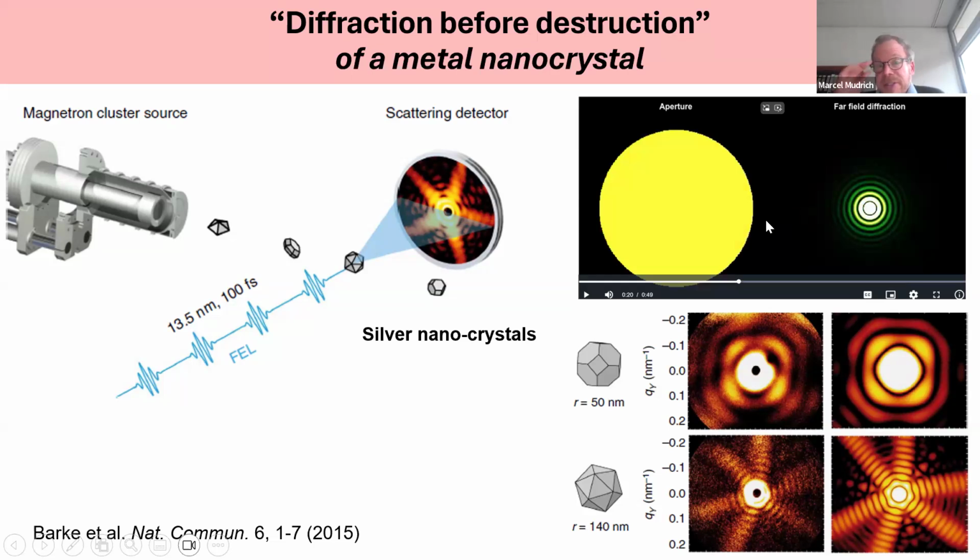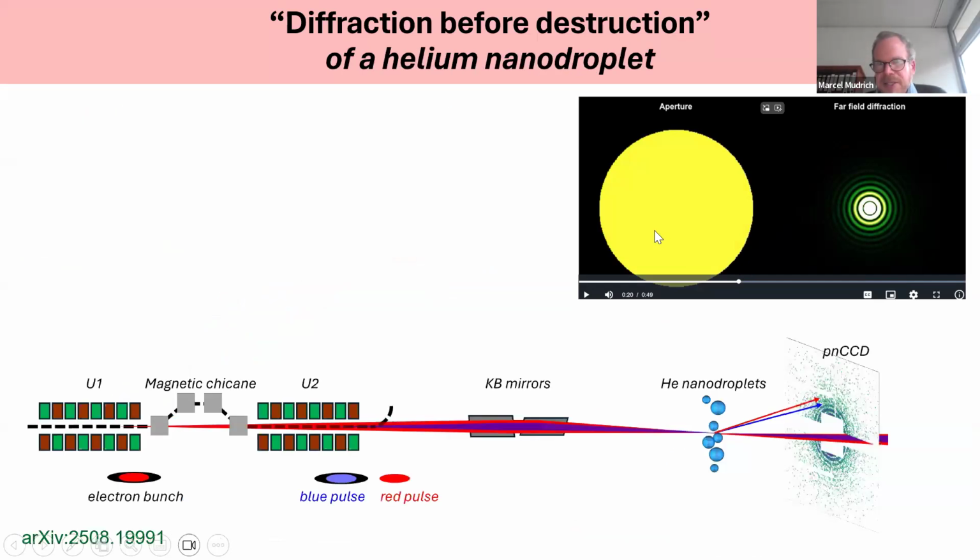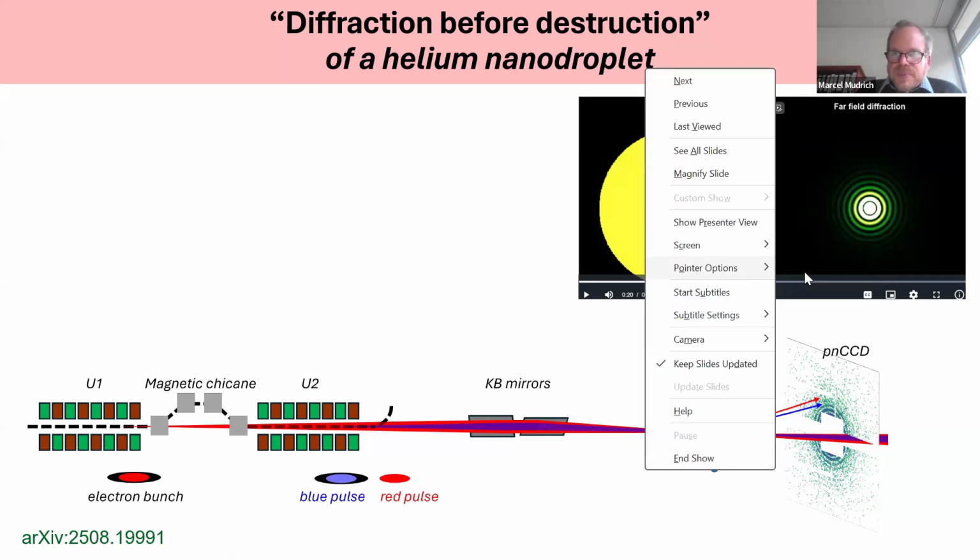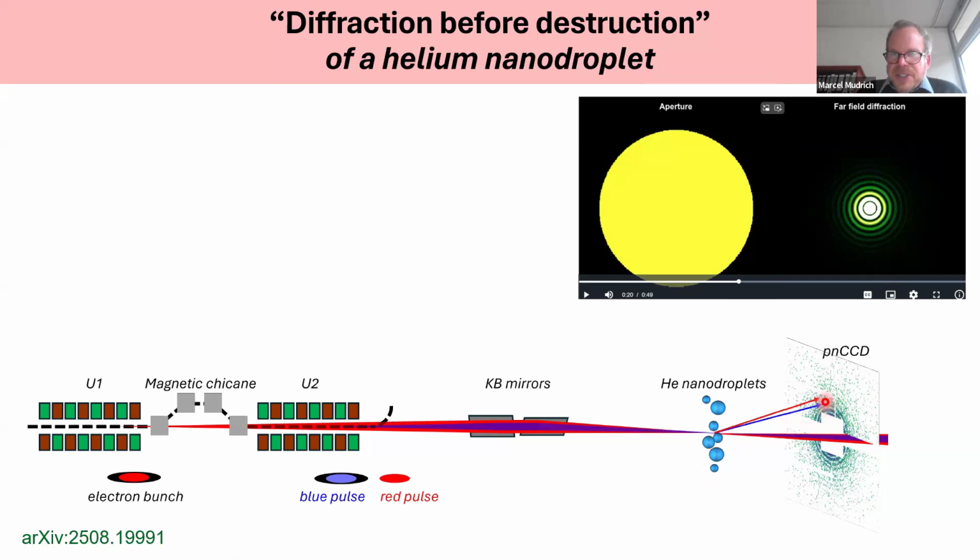Just want to point out the diffraction pattern once again of a large circular aperture, and remind you of a slide that I have shown, I think, the last time, where this was an experiment where Shiva Ramakrishnan and I were also involved at the European Free Electron Laser, where we recorded coherent diffraction images from helium nanodroplets.